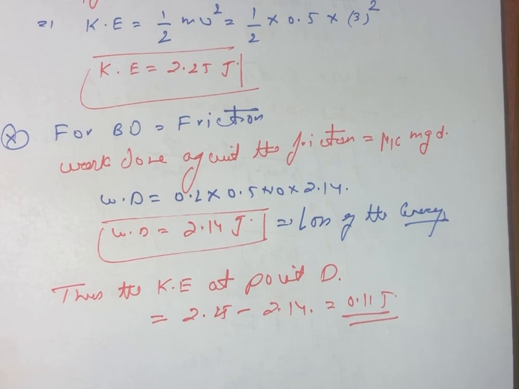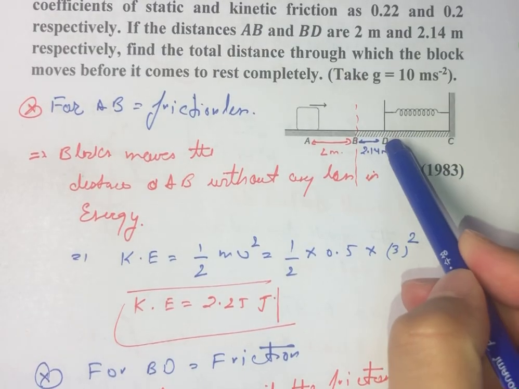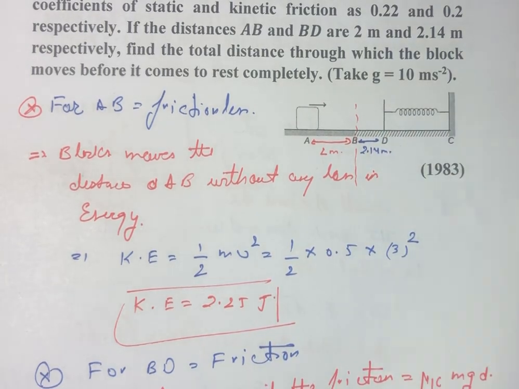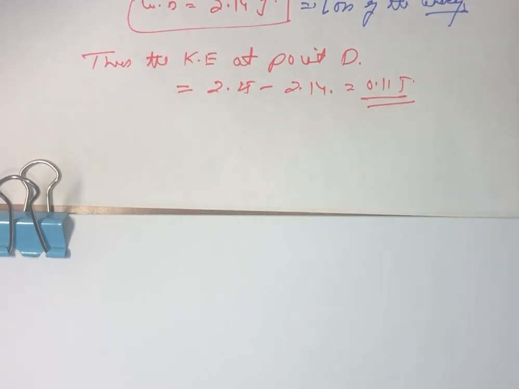Now at point D, the block is going to strike the spring, and the spring is going to compress. Let the spring be compressed by x.